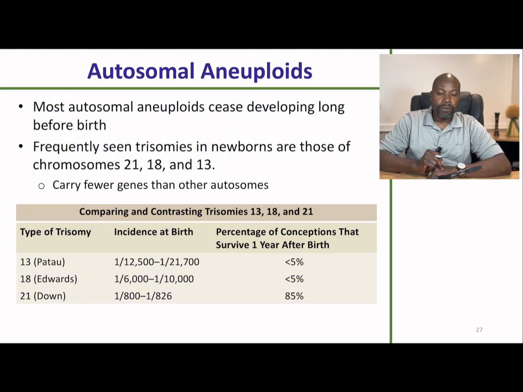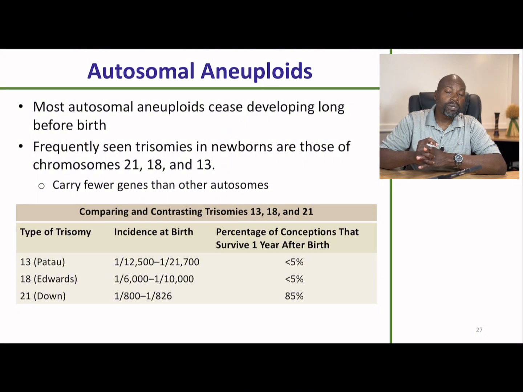All right. So aneuploidy happens among humans, and aneuploidy typically is going to happen for autosome chromosomes, and autosomes are these chromosomes that are not involved in the determination of sex, right?